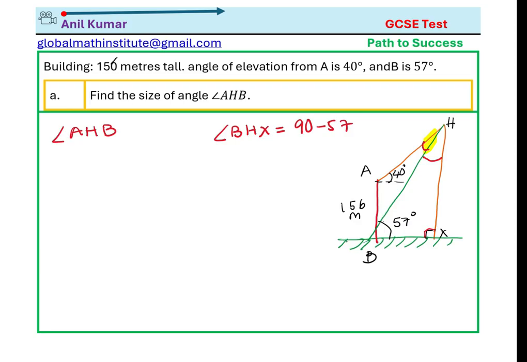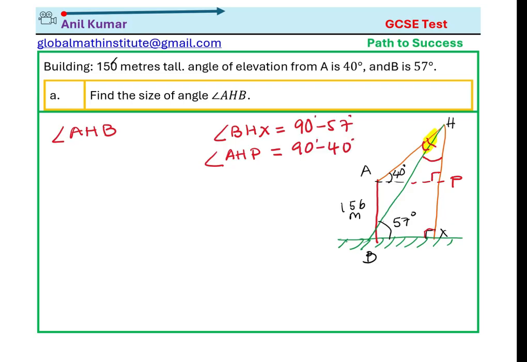One way, correct. Second, what will you do? You will extend this, right? Let's say this point is P. Then that is also a right angle, correct? So you can find the angle AHP, which will be 90 minus 40. Correct.